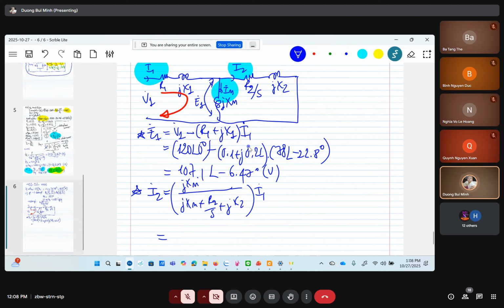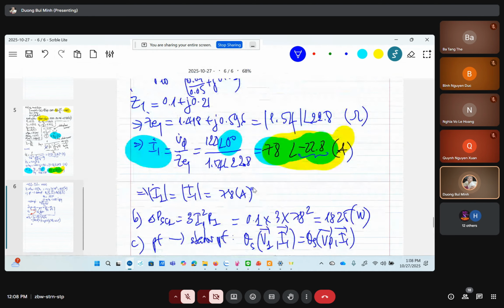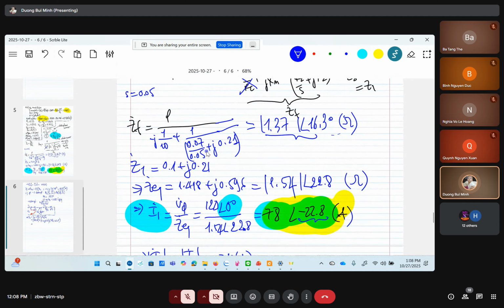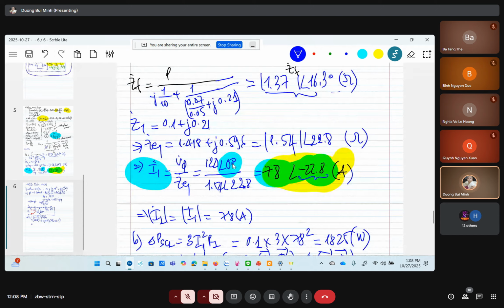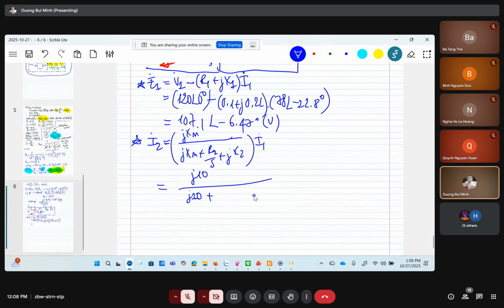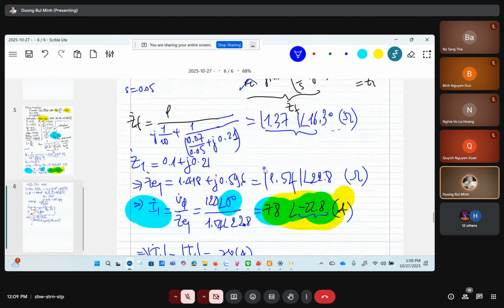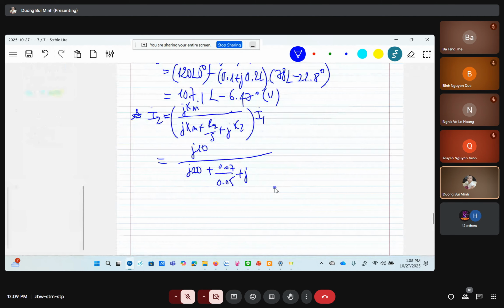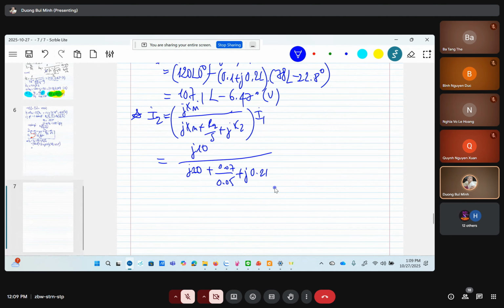Now we have jX1, that means j10 over j10 plus R2 over s. R2 over s means 0.07 over 0.05, plus jX2. X2 is 0.21. Times I1, which is 78 with minus 22.8.